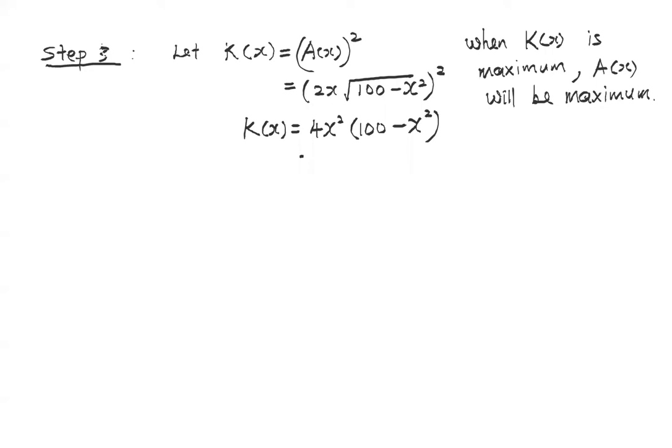So when I expand this, I will have 400x squared minus 4x to the power of 4. Am I right? So now if I differentiate this, is it easy? 800x minus 16x cubed.